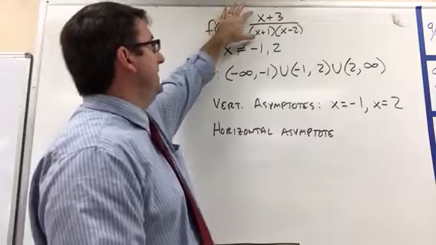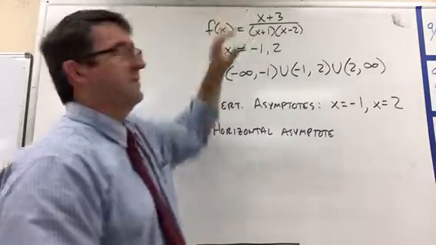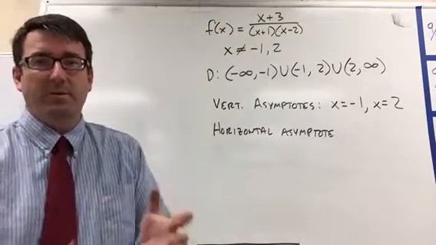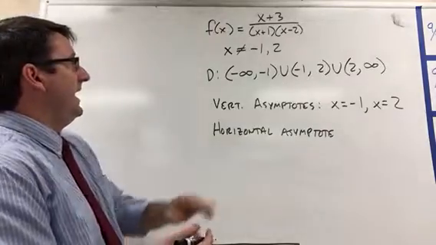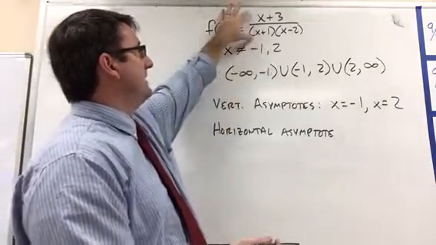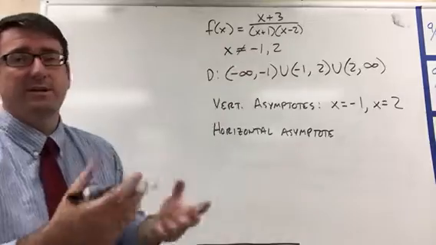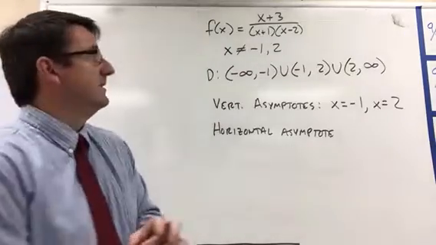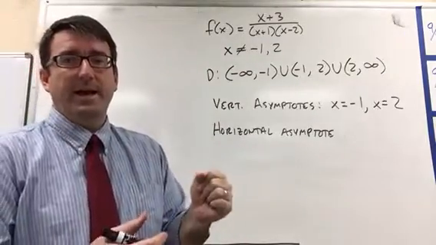If the degree on the top is bigger than the degree on the bottom, then there's not going to be a horizontal asymptote. And if the degrees are the same, then we look at the leading coefficients and just divide those.